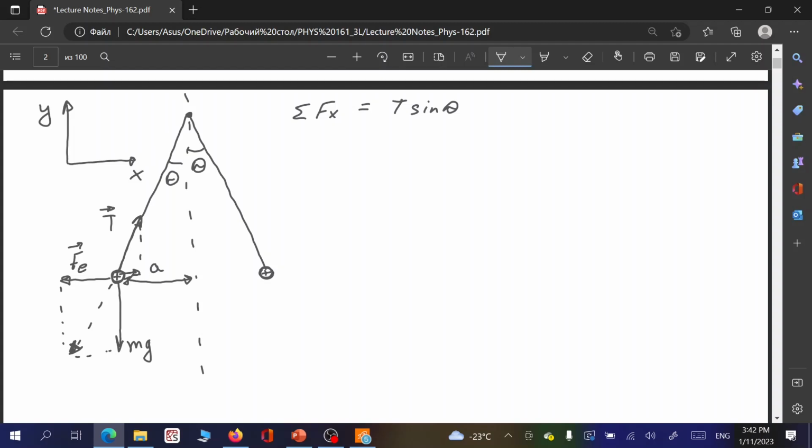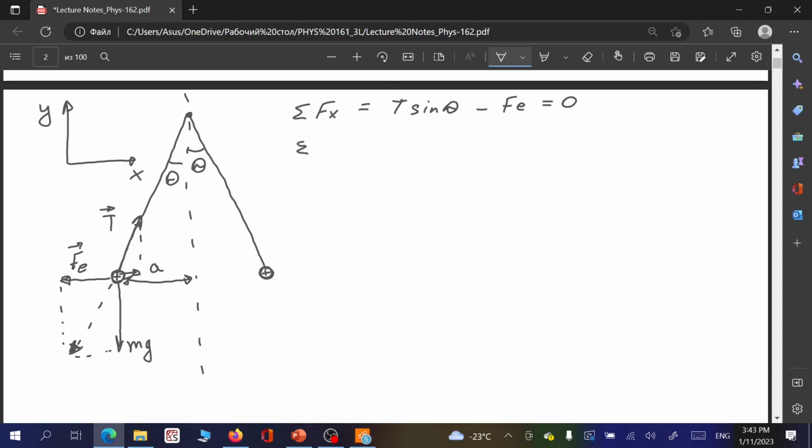So it will be positive because this projection will be in the same direction as axis x. Then second will be our electric force, Fe. Is kind of aligned parallel to axis x, so we don't need to multiply it to any sinus or cosinus. And what it should be equal to? 0. So we have equilibrium conditions.